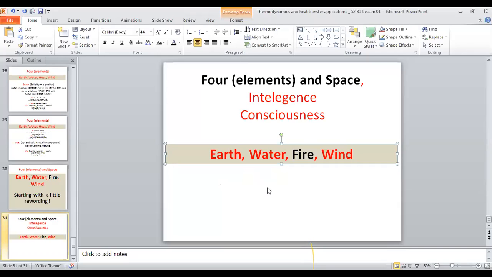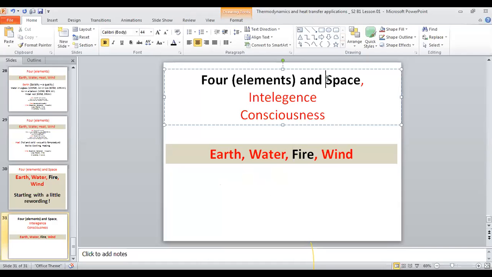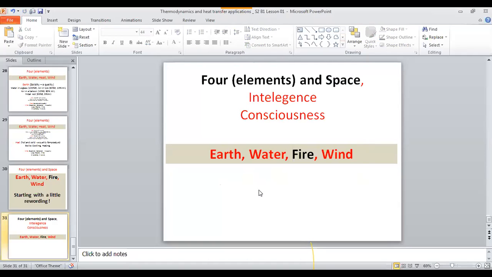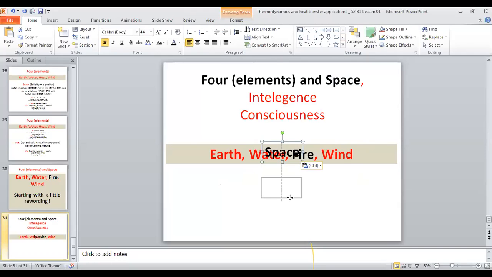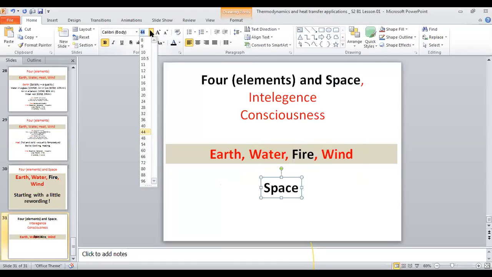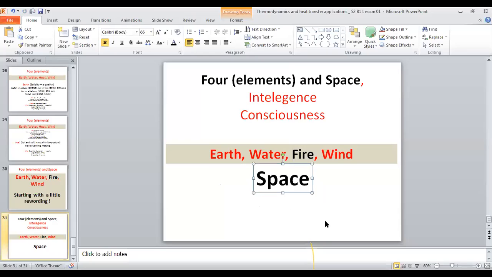So this space is very important, other than the four elements. Okay, space. Because I want to make you true innovators, true engineers, true technologists. So this 4 plus 1 is very important, and one more there.